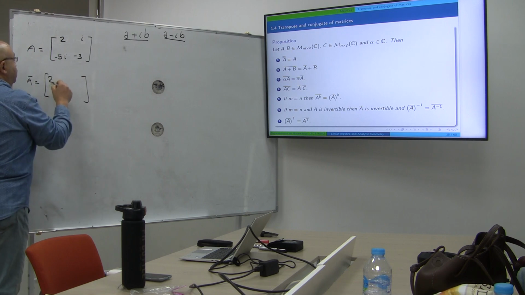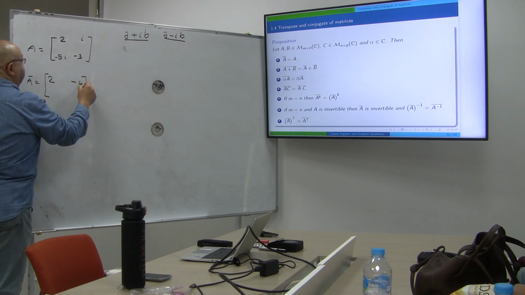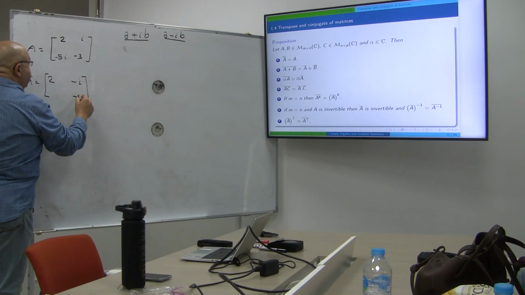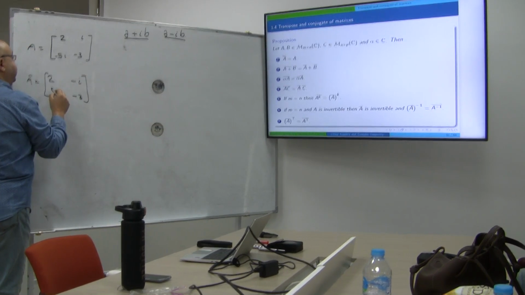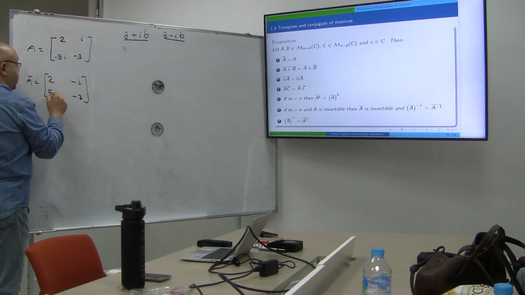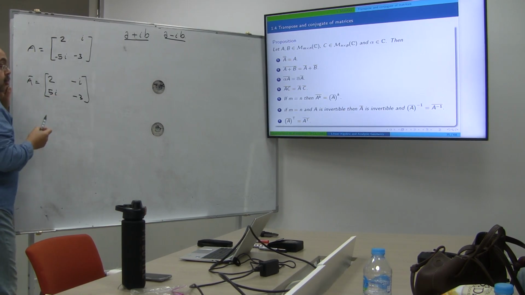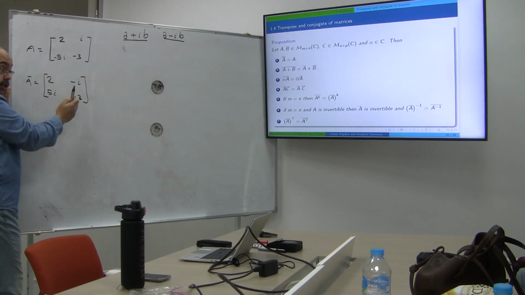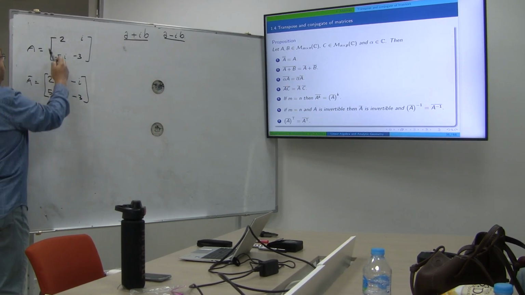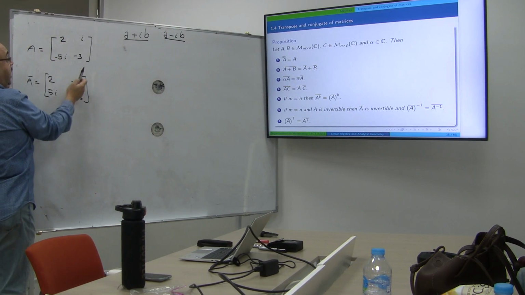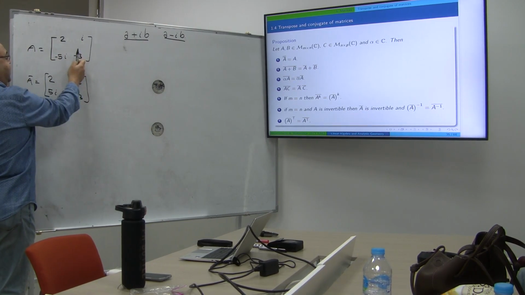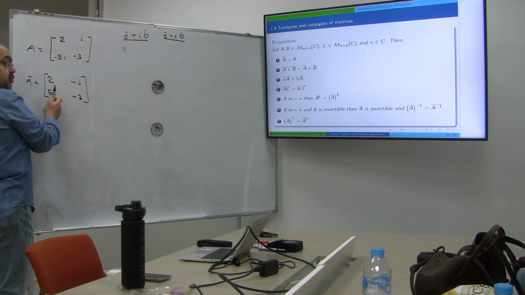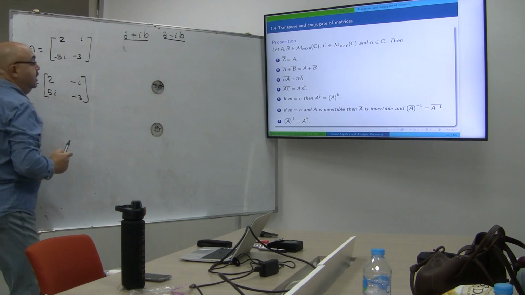It will be 2, then negative I, then negative 3, and for this element, it's going to be negative 5I. If you take the conjugate once more, 2 will remain 2, negative I will be I, negative 3 will be negative 3, and 5I. Once you get the conjugate once more, it will regain its shape.